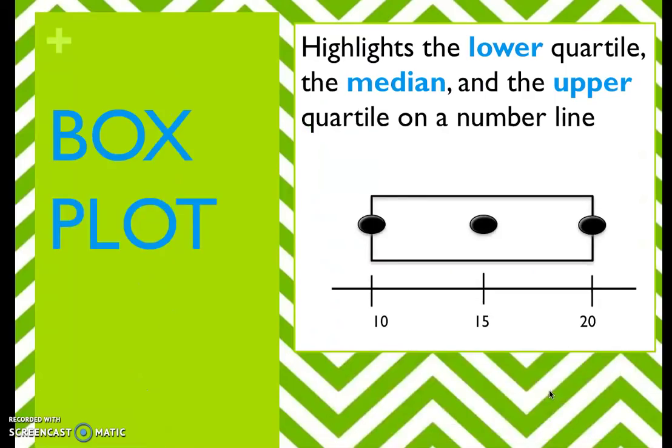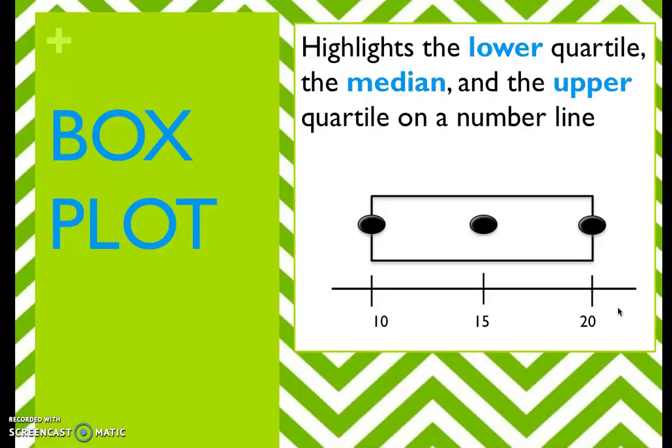Okay. All right. The next one we're going to take a look at is a box plot, or you may have heard this called a box and whisker plot. Before we learn how to make those, I just want you to know that the box plot highlights the lower quartile, the median, and the upper quartile on the number line. Okay, again, later in the week we'll talk about what quartiles are. We'll talk about how to find the median, but a box plot is just like a graphical display of these things.